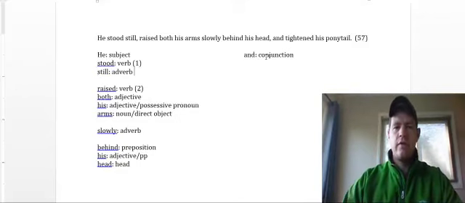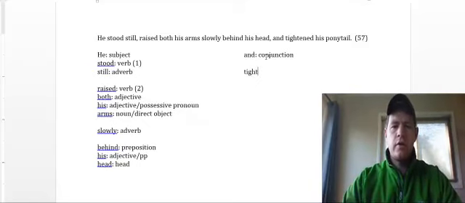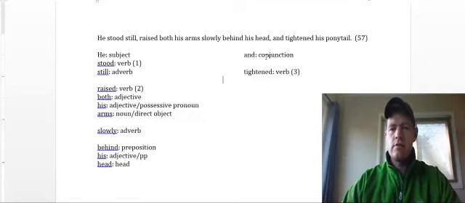Now, what have we got? Tightened. Here is verb number 3, okay? What did he tighten? Well, we know he tightened his ponytail, and that is our, do you know what we're calling this? It's an object, right? Direct object.